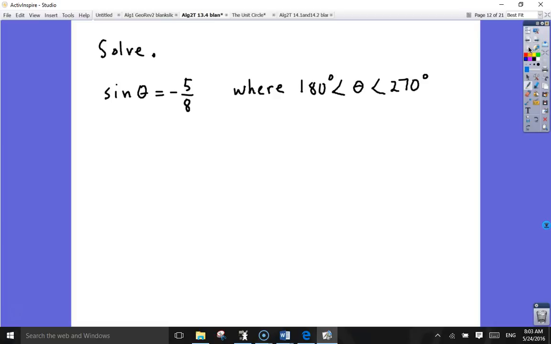Here that's not true. So if sine theta equals negative 5/8, how do we solve for the angle?